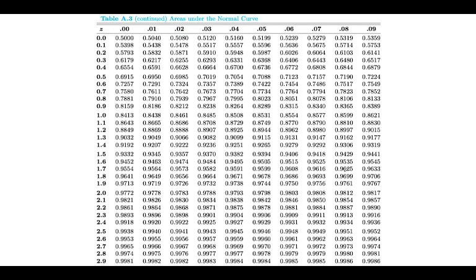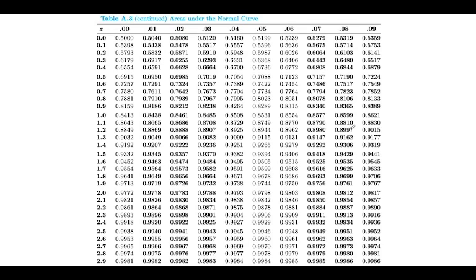and we know that in the table A.3, which is areas under the curve, the areas on the table refers to the area left of the z value. In the problem, we are given the area to the right. Therefore, we need to get its complement by subtracting that value from 1.